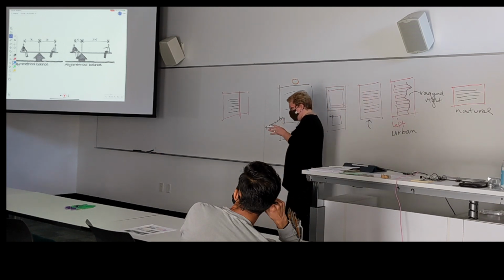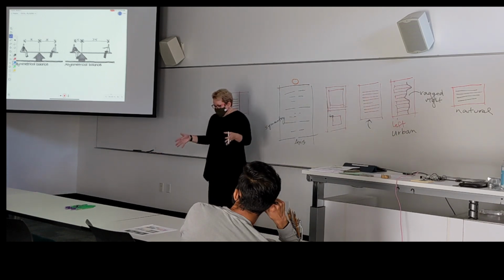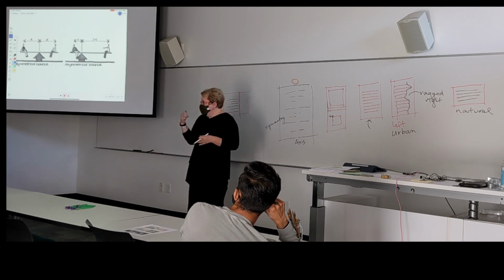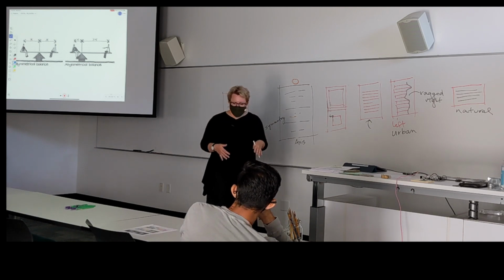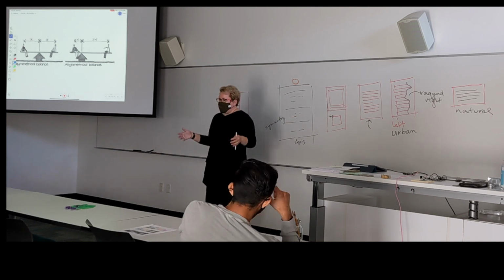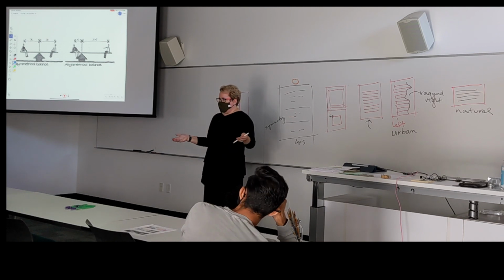And just because something is asymmetrical doesn't mean that it's not balanced, right? And I actually really like this teeter-totter idea because all of you know that if you've got two people that are relatively the same weight on either end of a teeter-totter, you can perfectly balance that teeter-totter.